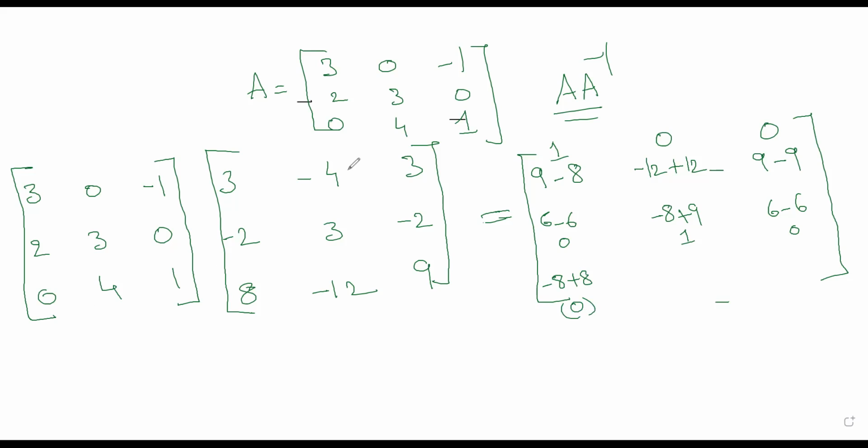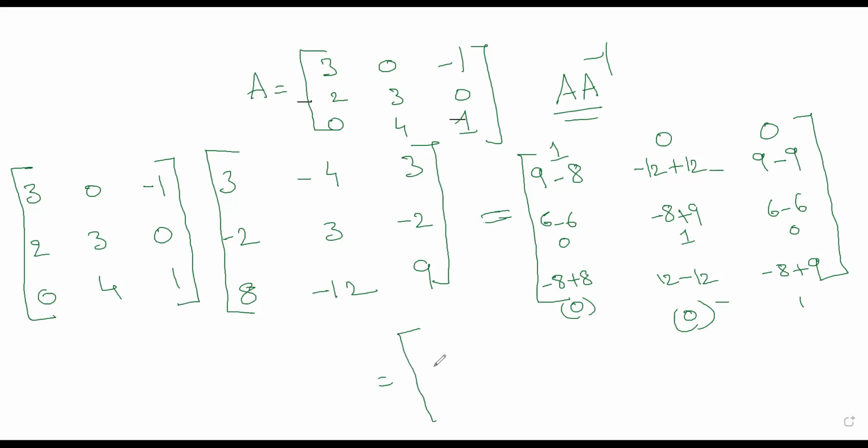Now, 12 minus 12, again 0. 4 into minus 2, that is minus 8. And 1 into 9, plus 9. Minus 8 plus 9, again 1. So you got the identity matrix.